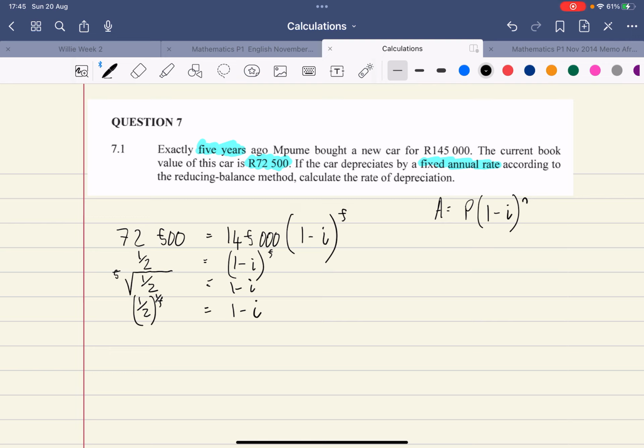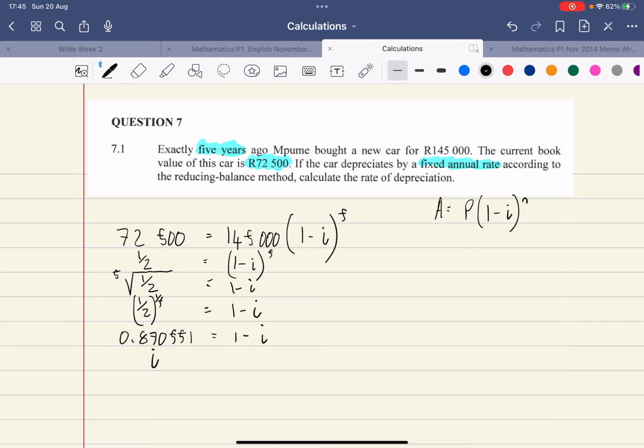So let's calculate that. 0.5 to the power of 1 over 5. That's a bit of an ugly number. That will be 0.87055. And that's enough decimal places. I'll take one more: 0.870551. You could have left it in this form and just carried on solving, but I'm just going to be simplifying 1 minus i.